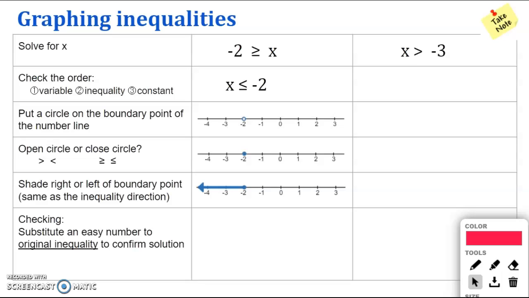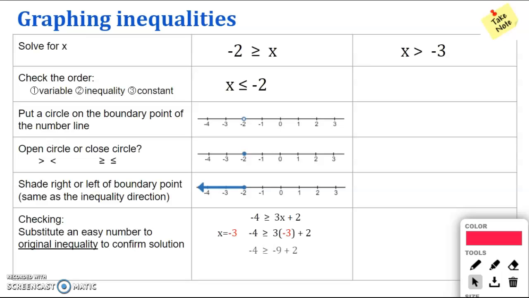So to check, I find my original inequality, this is my original problem, and then I find an easy number that is a solution. So like -3 I'm saying is a solution, so I'm going to substitute that into my original inequality, and it should come out to be true because that's what you're saying, it is a solution.